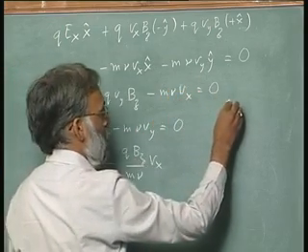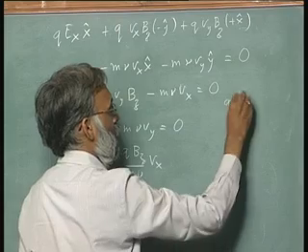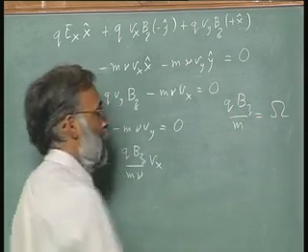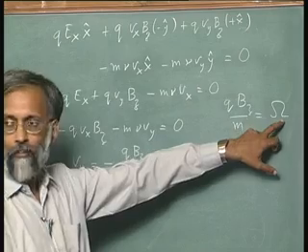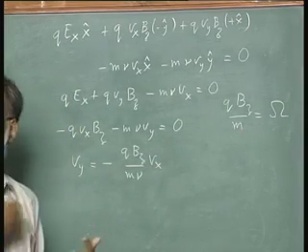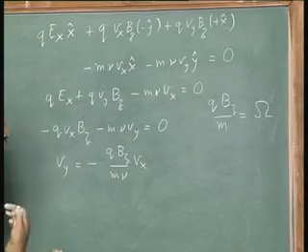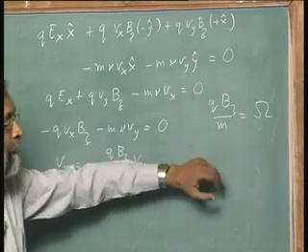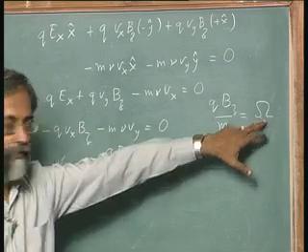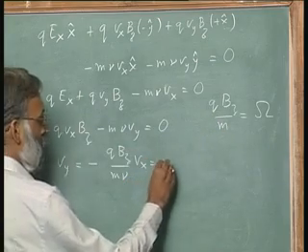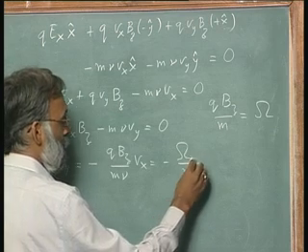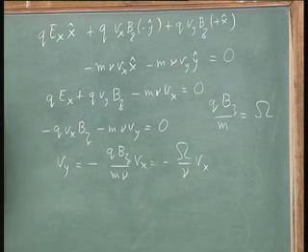Now, I have a very important quantity called the gyro frequency. This gyro frequency is the speed at which particles go round and round the magnetic field. We will come back to this later. Right now, just note that this is a well known frequency. So, I can write this as minus gyro frequency omega over nu Vx.